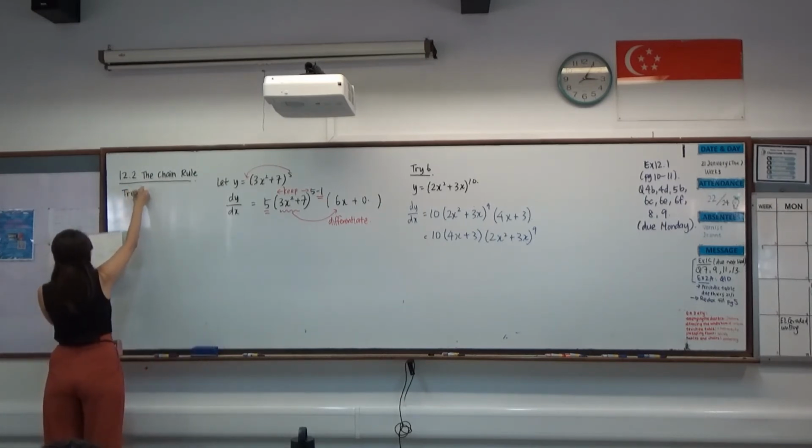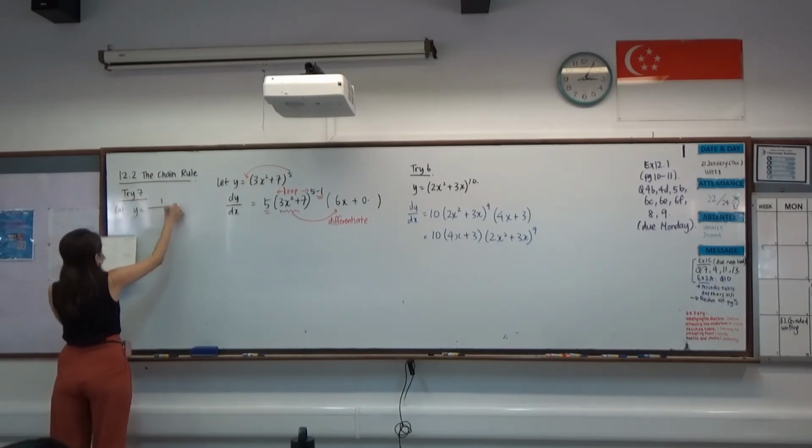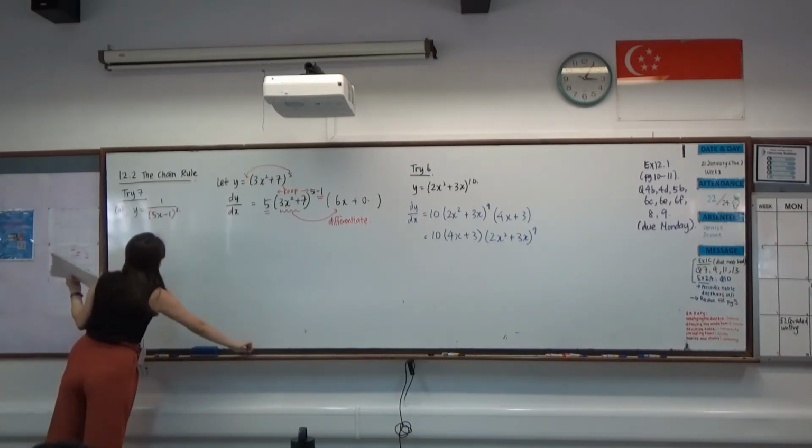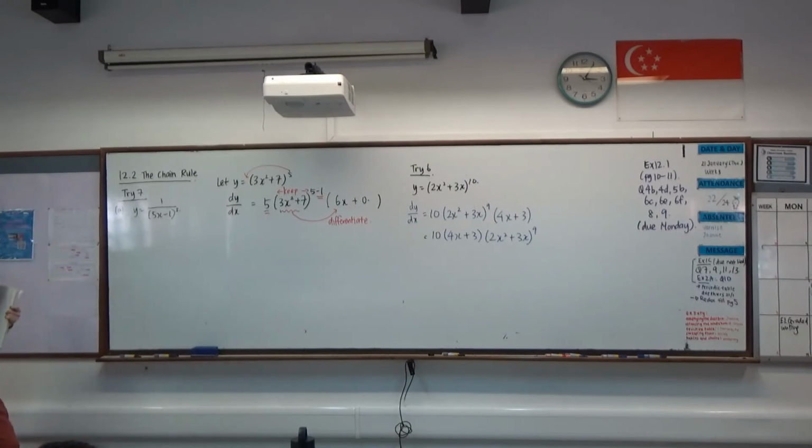Next. What if I have y equals to 1 over 5x minus 1 to the power of 3. Now that we have learned some rules already, intuitively, what would you do?